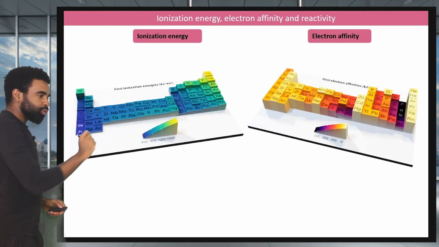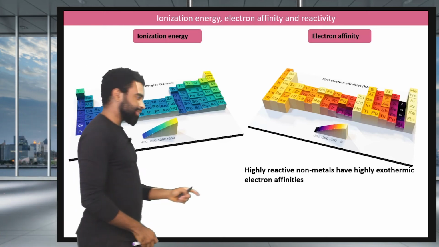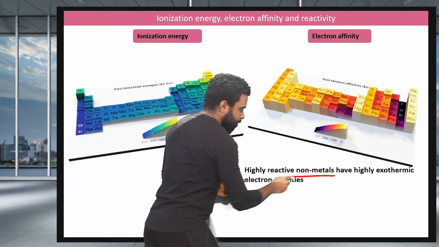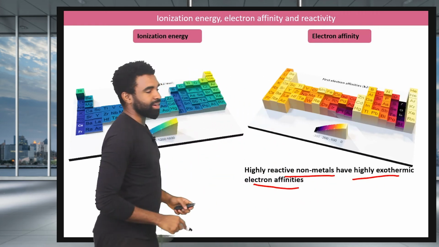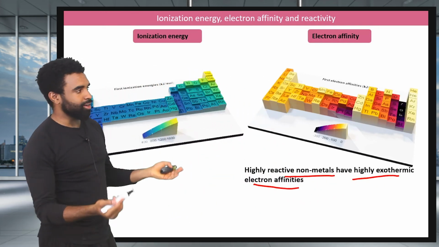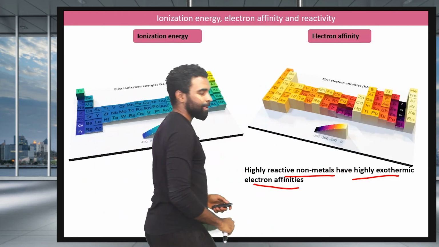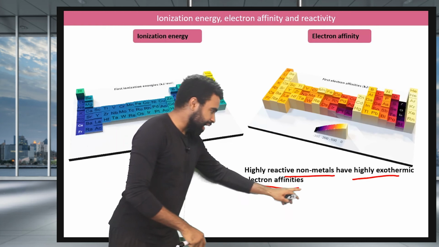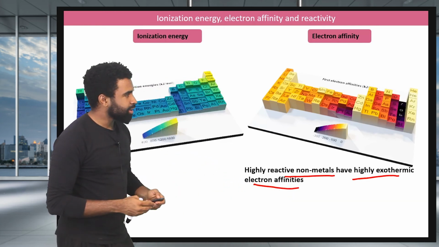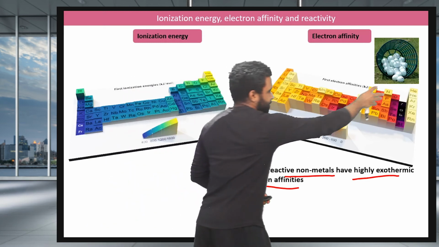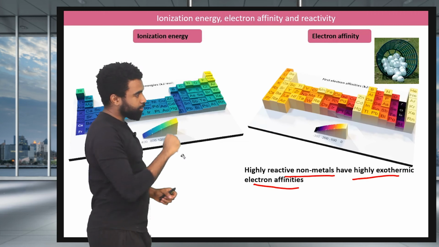We can give two important principles here based on these pictures. The first is that highly reactive nonmetals usually have highly exothermic electron affinities. What are the highly reactive nonmetals? Things like fluorine, chlorine, oxygen, right? Generally, those have highly exothermic electron affinities, which you can think of by thinking of electrons as balls thrown onto a surface.